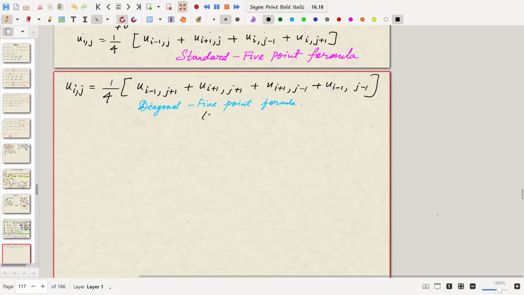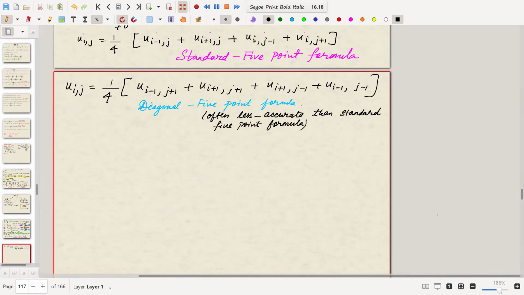But it is often less accurate. You can show via error analysis that this is less accurate than the standard 5-point formula. Fine. I hope this is clear.